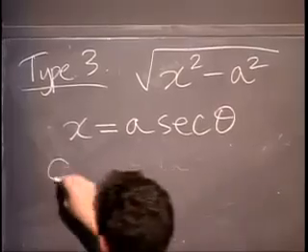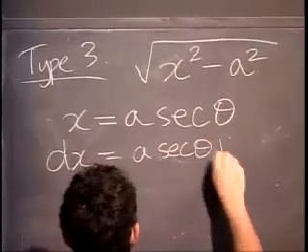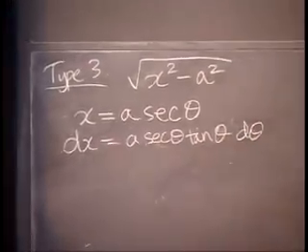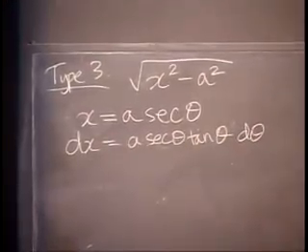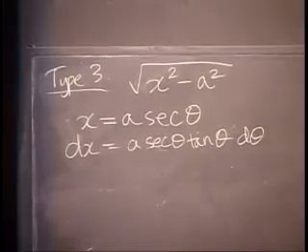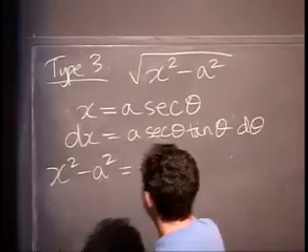Before I tell you why that works, let's just differentiate. dx is a secant theta tan theta d theta. Now, x squared minus a squared is popping up. So what is that?